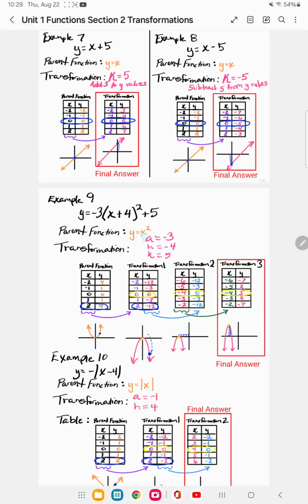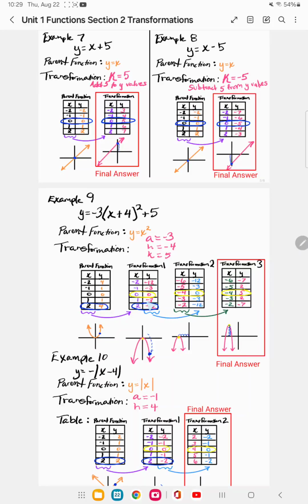So -2 squared is 4, -1 squared is 1, 0 squared is 0, 1 squared is 1, and 2 squared equals 4. This is the graph that goes with it. You can see that we're looking at the coordinate 0, 0, and then we're imagining -1, 1 to be somewhere here, and 1, 1 to be somewhere here, and then 2, 4 to be about there.